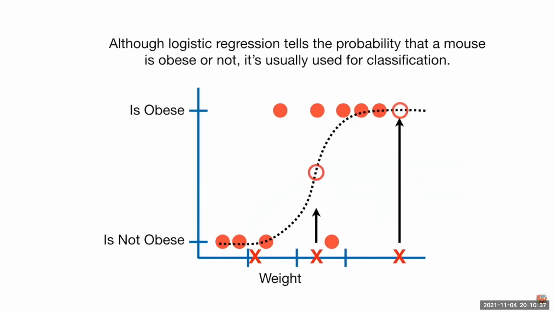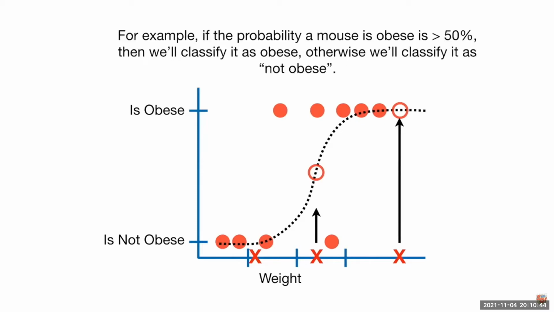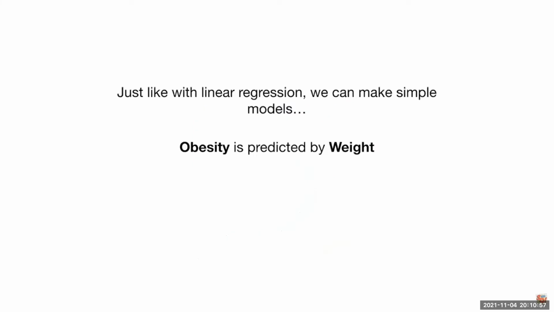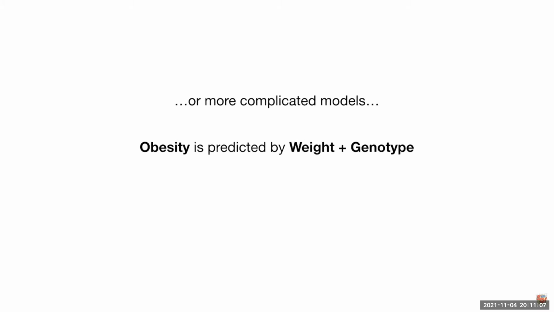Although logistic regression tells the probability that a mouse is obese or not, it's usually used for classification. For example, if the probability a mouse is obese is greater than 50%, then we'll classify it as obese. Otherwise, we'll classify it as not obese. Just like with linear regression, we can make simple models. In this case, we can have obesity predicted by weight, or more complicated models.